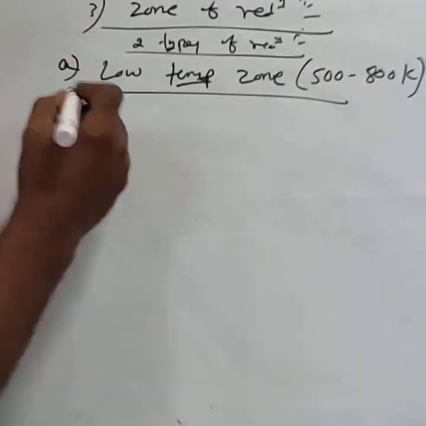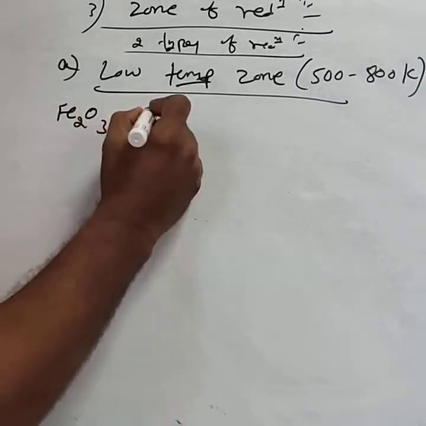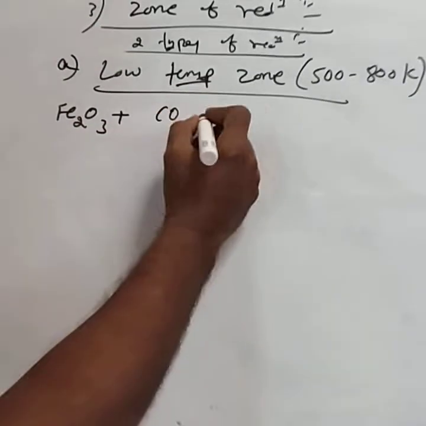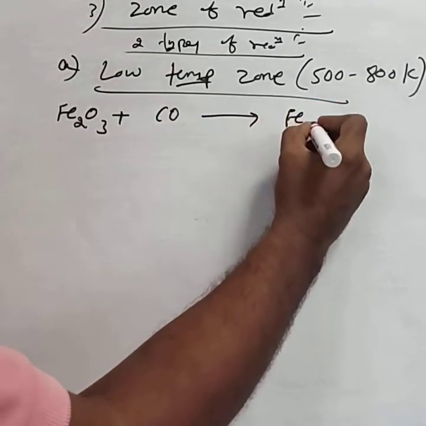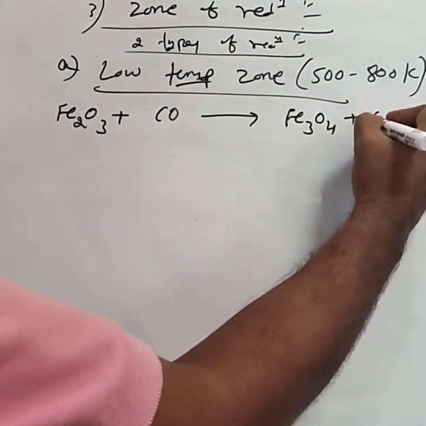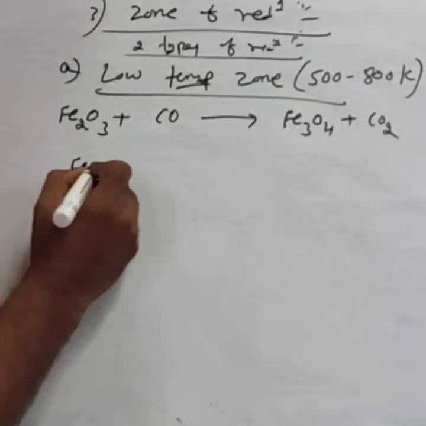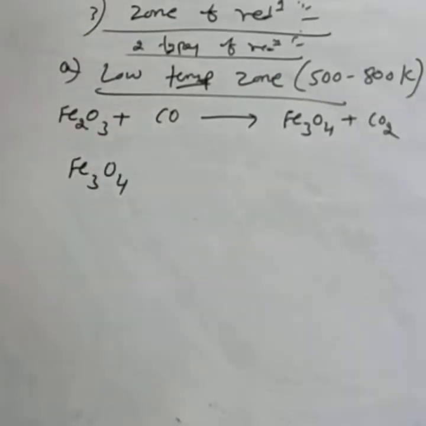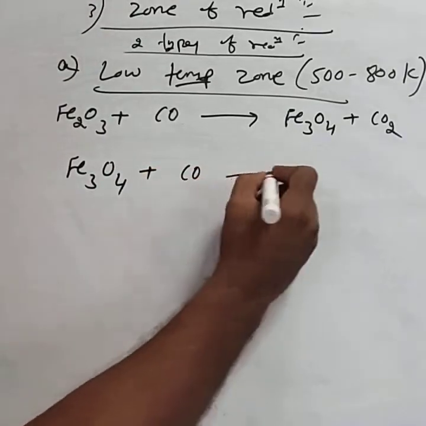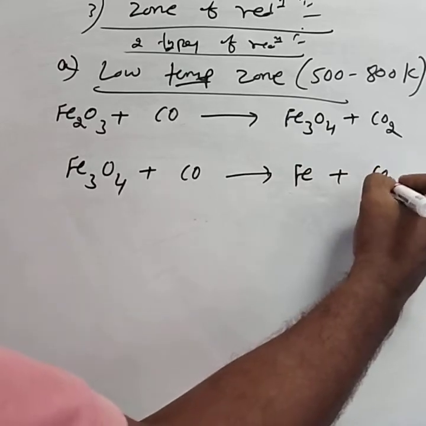In this zone, hematite Fe2O3 combines with CO, carbon monoxide, and forms Fe3O4, liberating CO2. Then the formed Fe3O4 further combines with CO and forms Fe plus CO2.